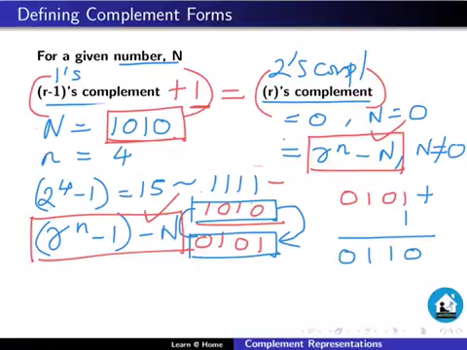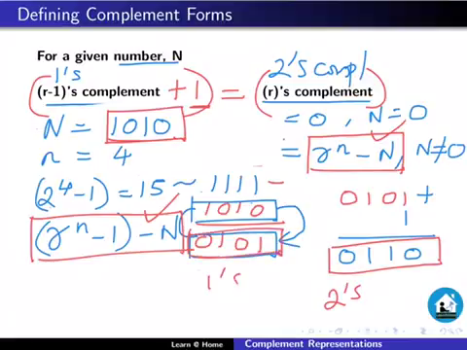So this is the 2's complement representation of 1 0 1 0. This number is the 1's complement, and this is the 2's complement.